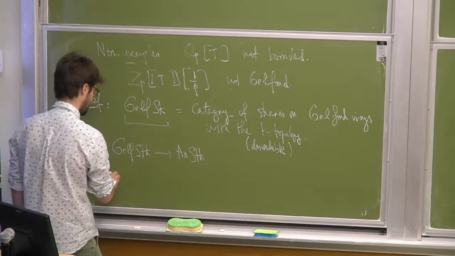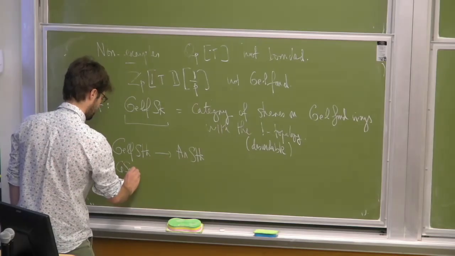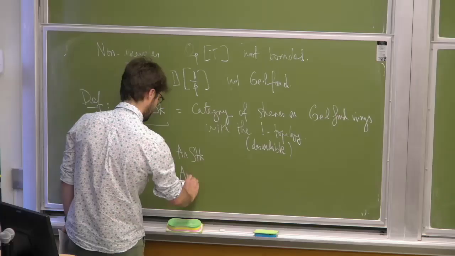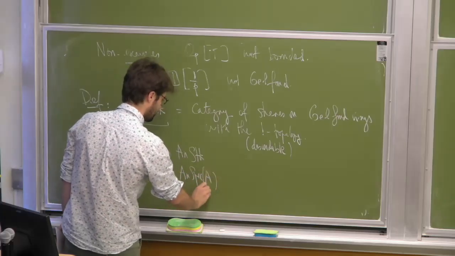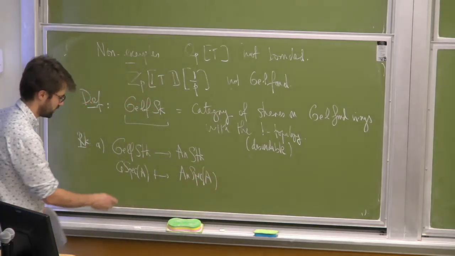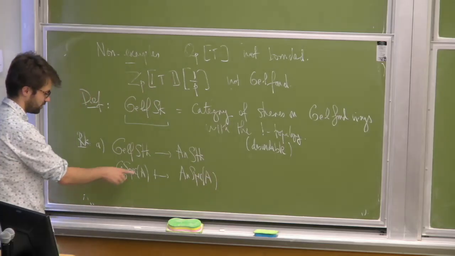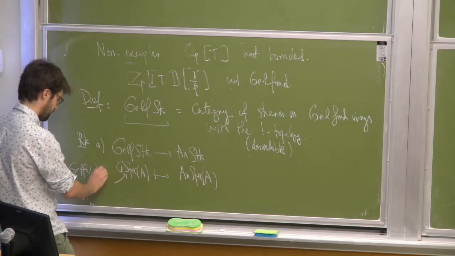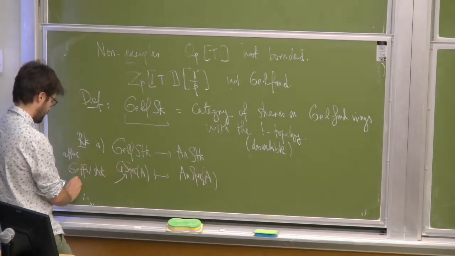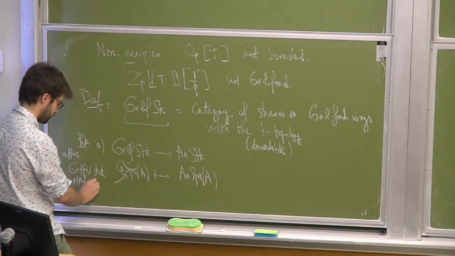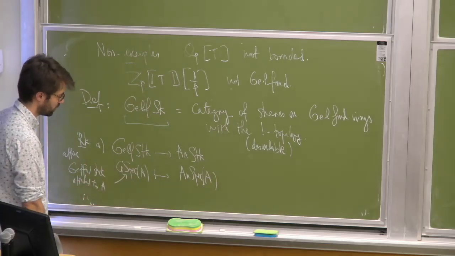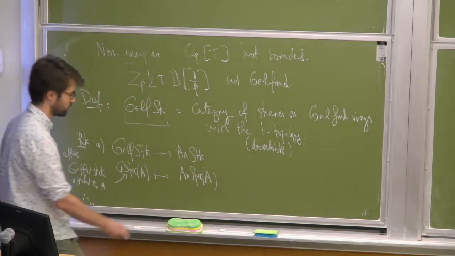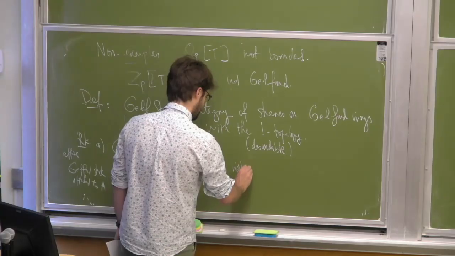You have a colimit preserving functor which sends Spec A to Spec A, where the notation is purely notational and just means the affine Gelfand stack attached to A. And this functor has a right adjoint.